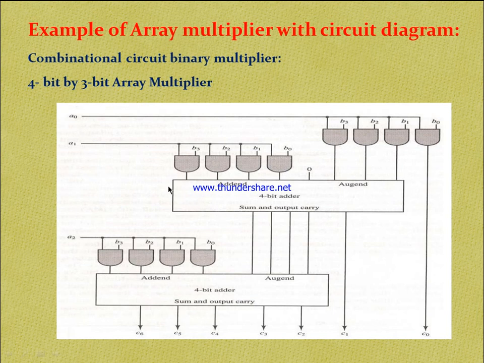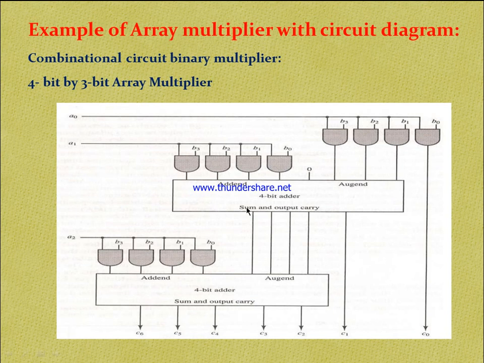In the next step, since it is a 3-bit multiplier, the last bit of the multiplier is A2, and it is given to each and every AND gate, and all the multiplicands are given here. In this way, in this particular area, we will get the third partial product. This partial product should be added to the last sum.